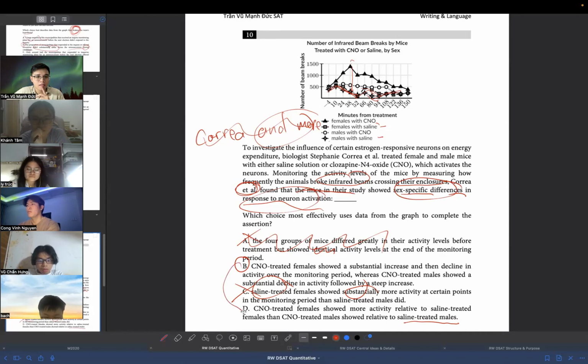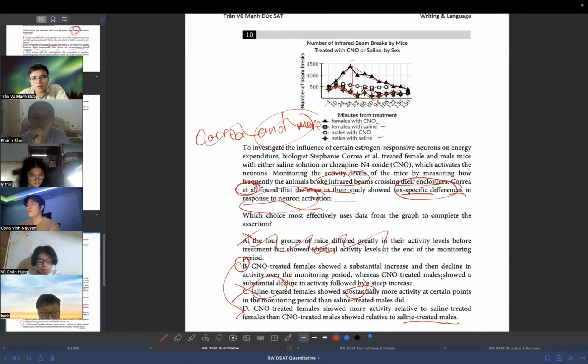Now these two, B and D, they are most likely to be correct, both of them, but one is wrong. CNO-treated females showed a substantial increase and then decline. Increase and decline.